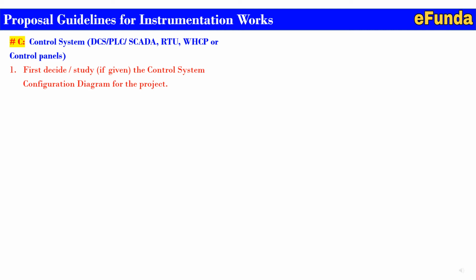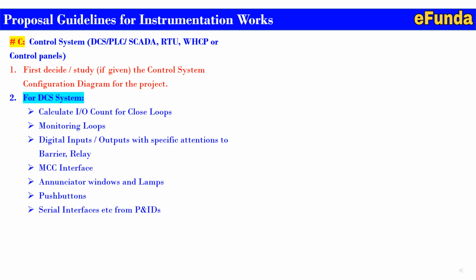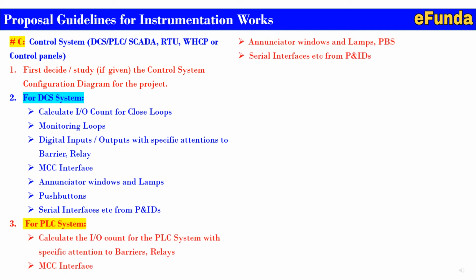Second, for the DCS system, one should particularly calculate the IO count for closed loop, monitoring loop, digital input and output, with specific attention to the barriers and relays, MCC interface, annunciator windows and lamps, push buttons, serial interfaces, etc., from the PNIDs.